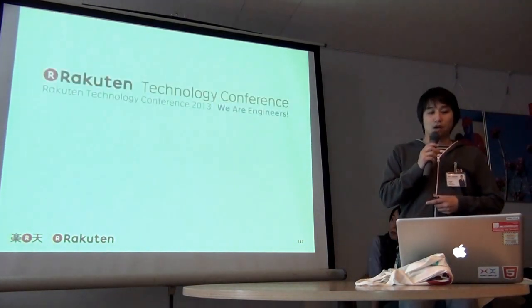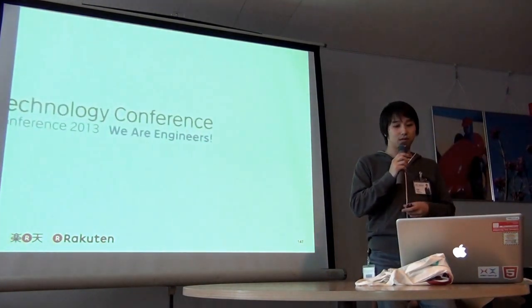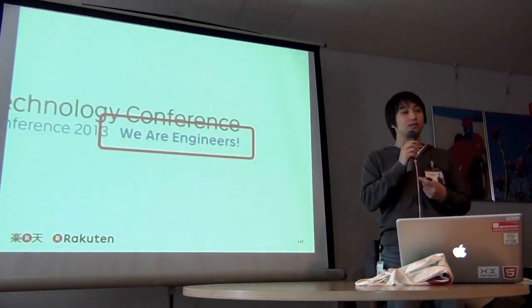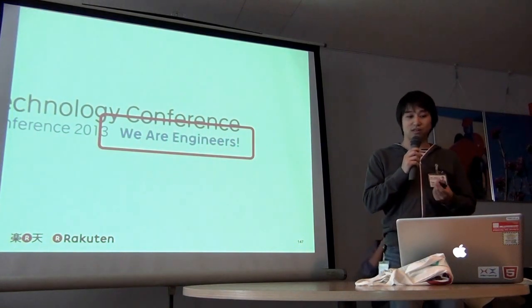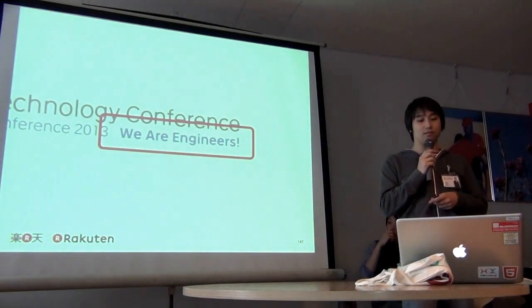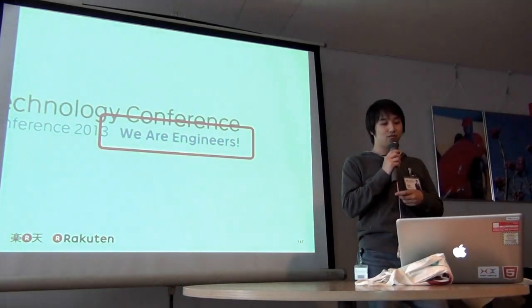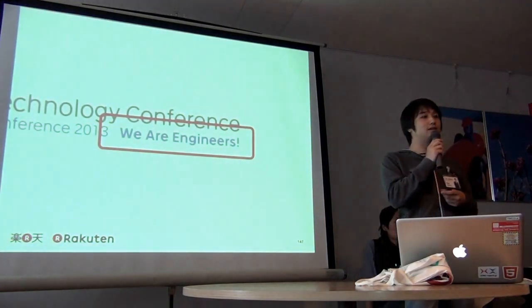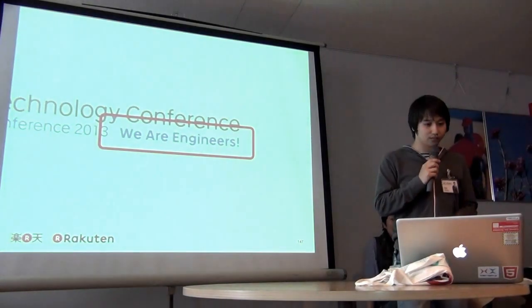To do so, we should not only be creators, but we should also be more like engineers, because, as you know, front-end technology is evolving every day. We can't create attractive contents efficiently without various engineering skills.